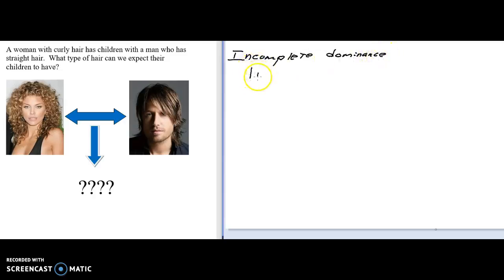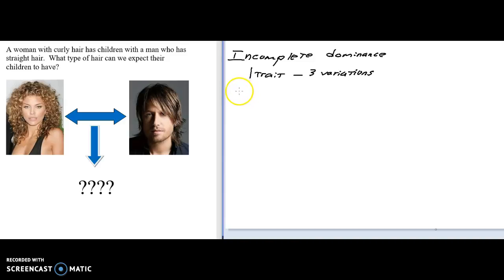Okay, so one trait, three variations that can occur. So the example I want us to think about is humans, human hair.